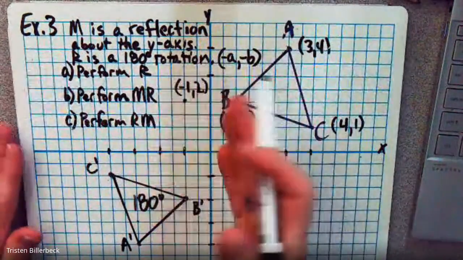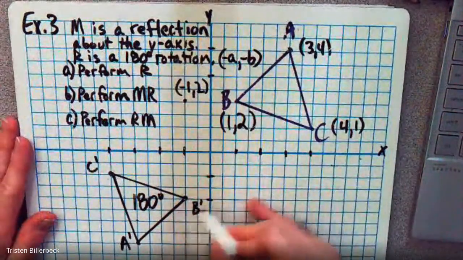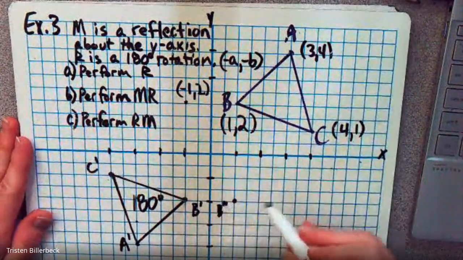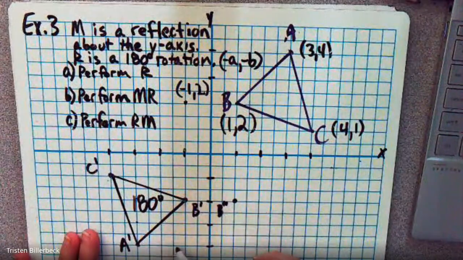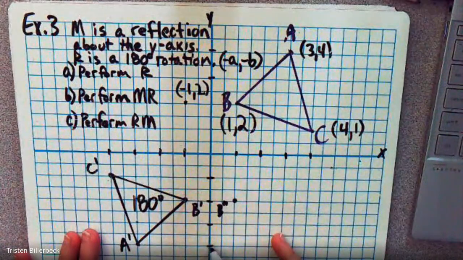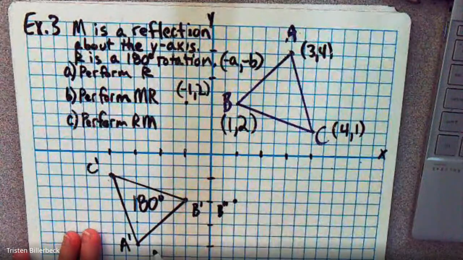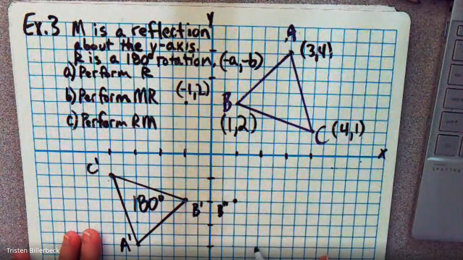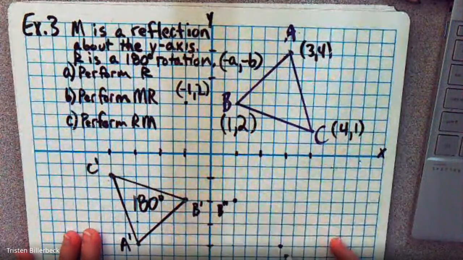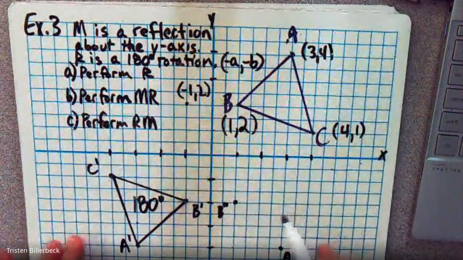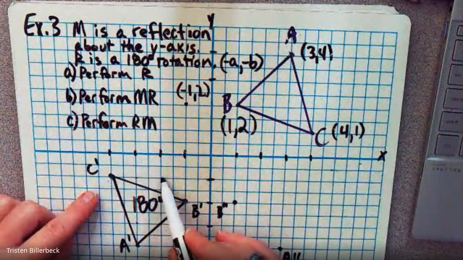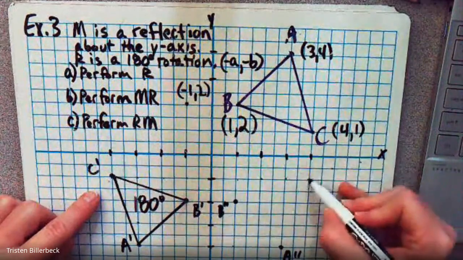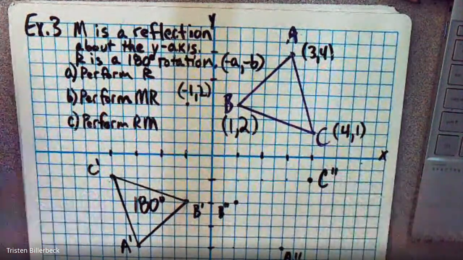So this is the y-axis here. Our reflection is just going to be here for B double prime. And then A is 1, 2, 3, 4, 5, 6. So we count 1, 2, 3, and we have A double prime. And then C is 1, 2, 3, 4, so we have C double prime here.